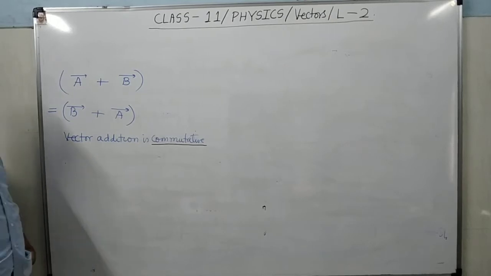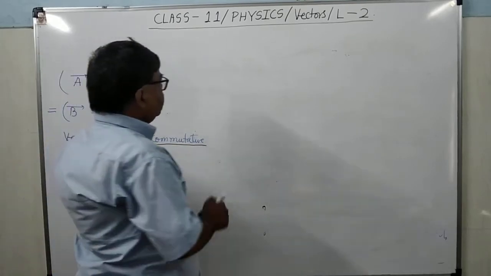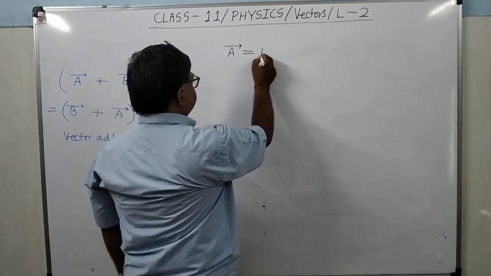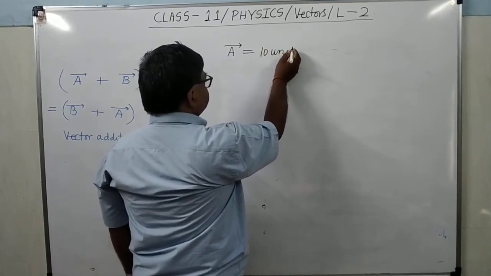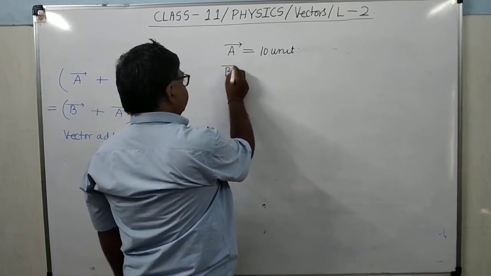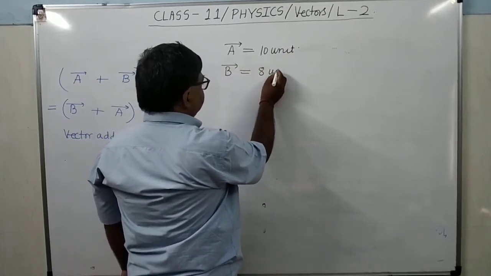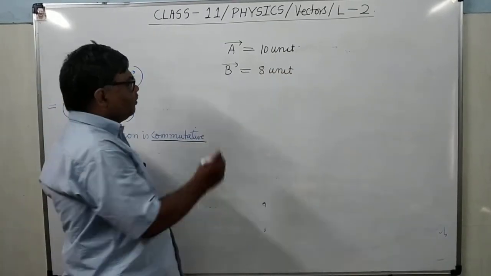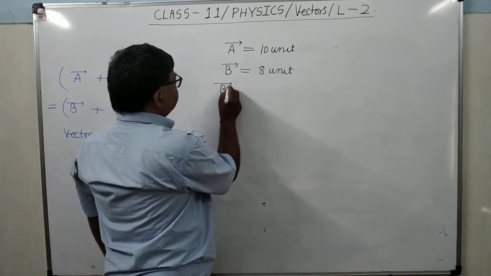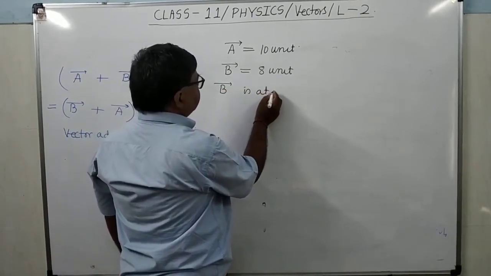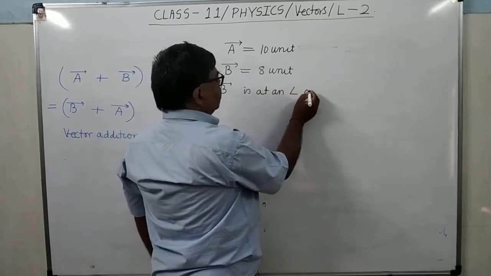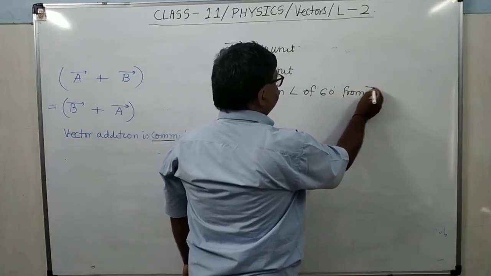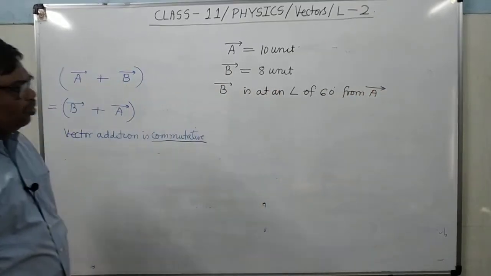Now I will explain one more example of vector addition. Suppose here there is a vector A, I am taking the same case, 10 unit, and vector B is of 8 unit, and instead of direction in absolute terms, it is given that vector B is at an angle of 60 degree from vector A. So how will you do it?